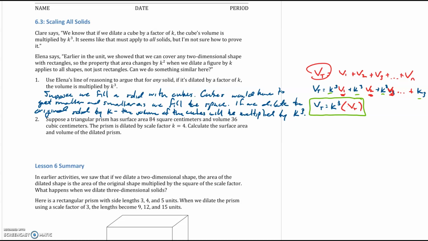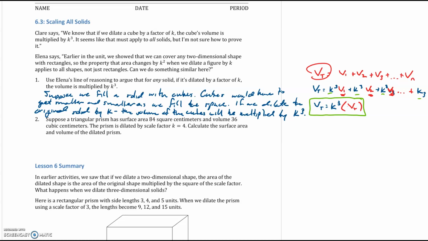And let's apply that. Number 2, suppose a triangular prism has a surface area of 84 square centimeters and a volume of 36 cubic centimeters. The prism is now dilated by a scale factor of 4. We want to calculate the surface area and volume of the dilated prism.